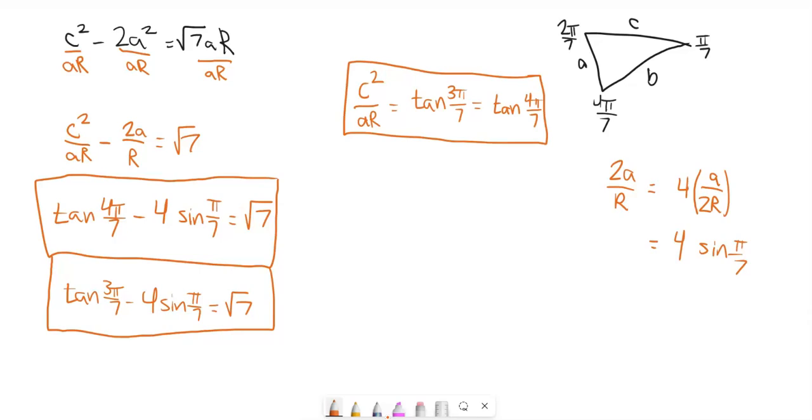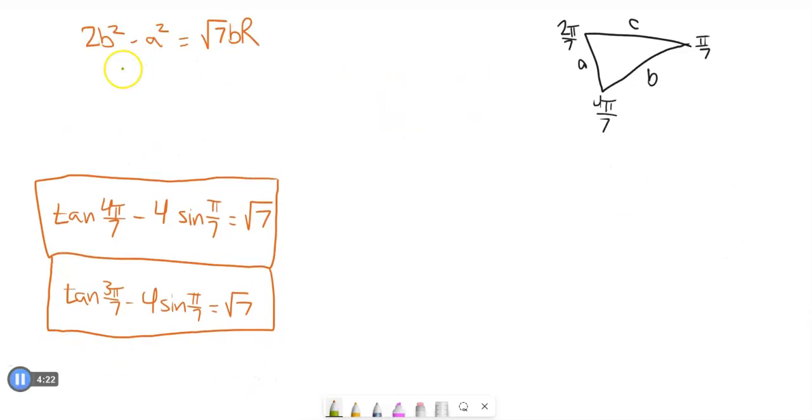Now, we're going to derive two more identities that are associated with the triangle with that square root of 7 form. So now I'm going to do the second equation, 2b squared minus a squared equals the square root of 7 times br, and of course b is the length of the medium side of the heptagonal triangle. So we'll do the same thing like I did in the last part of the video.